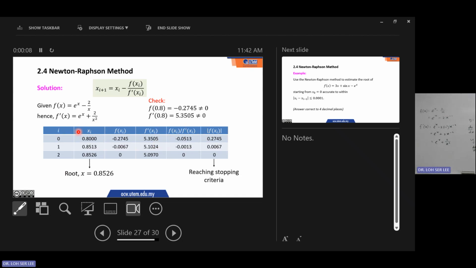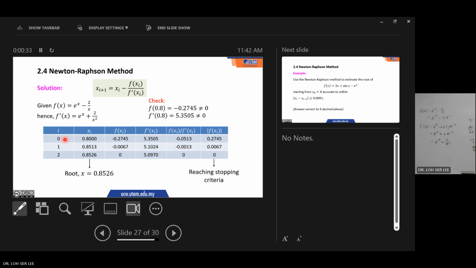For the table, the iteration, you need the x, f(x), f prime x. If we take the ratio, f over f prime. So this is the stopping criteria given by the question. We want the magnitude of f.